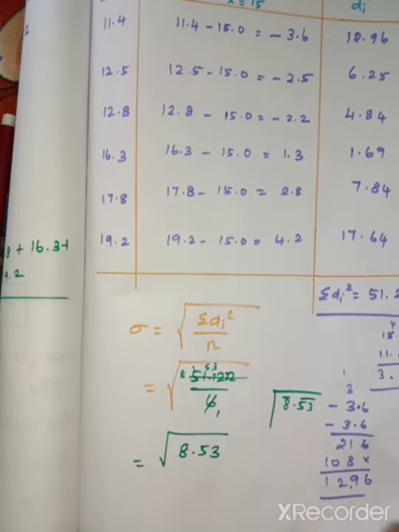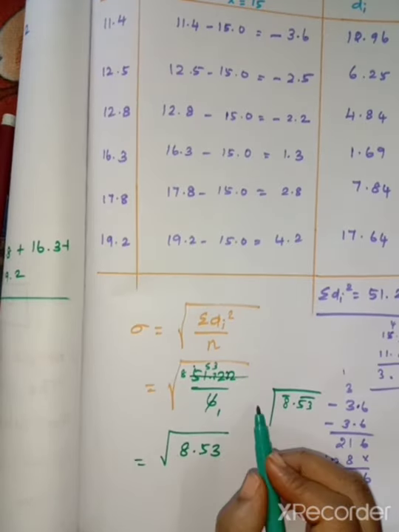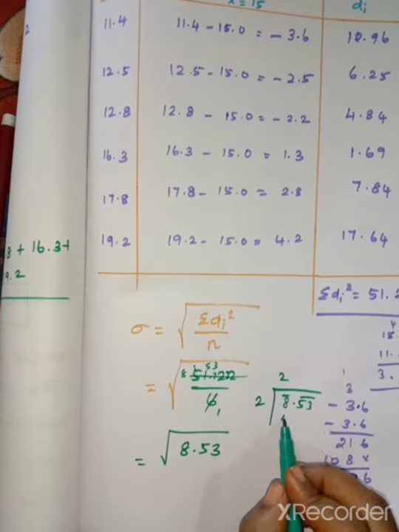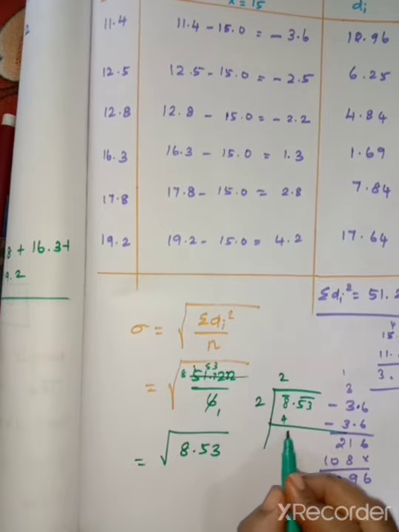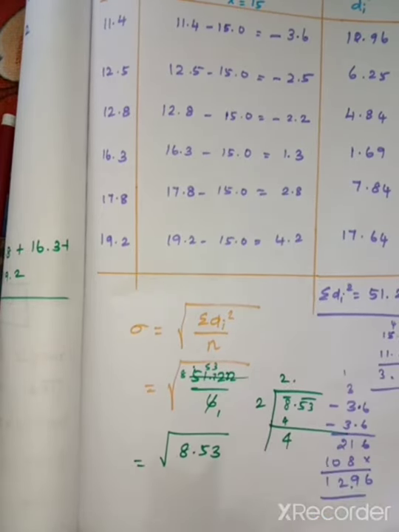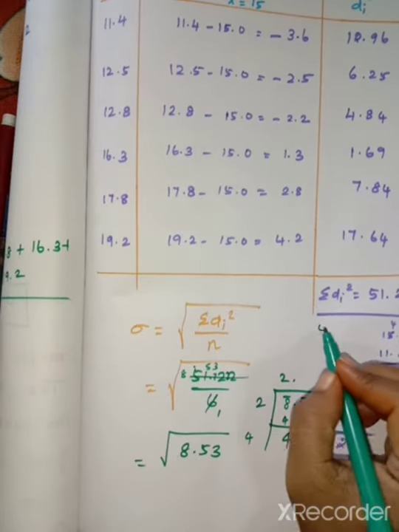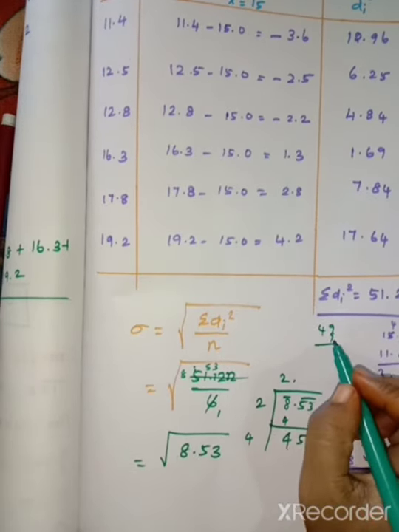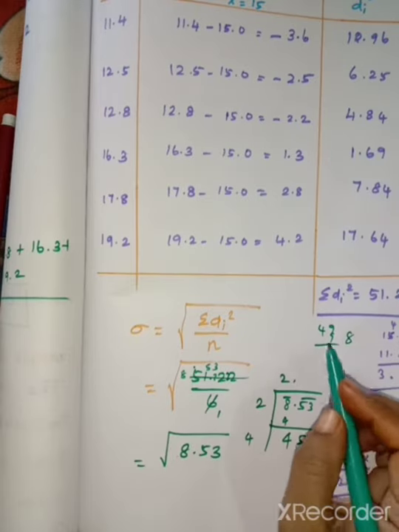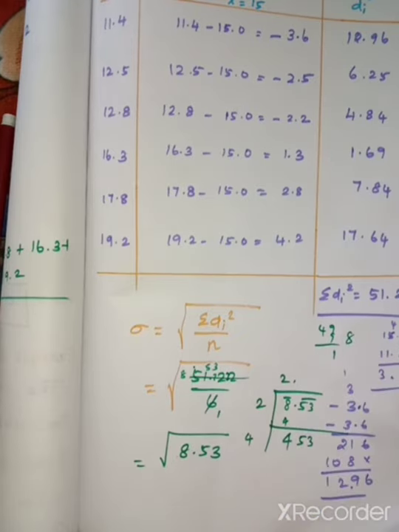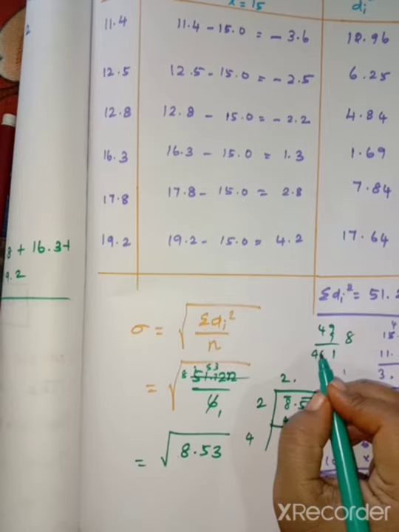So 2 2s are 4, 3 3s are 9. So 2 alone we can take. Subtract 4, the decimal point moves to the top, then 53 is brought down. Here 4 is there, so if you multiply, 9 9s are 81, 9 4s are 36, 36 plus 8 means 44.